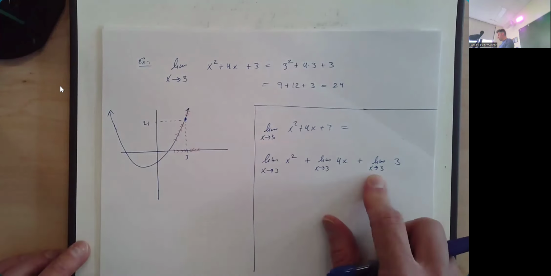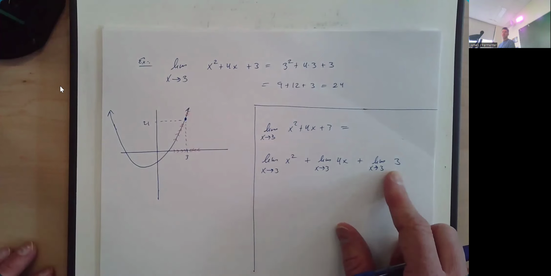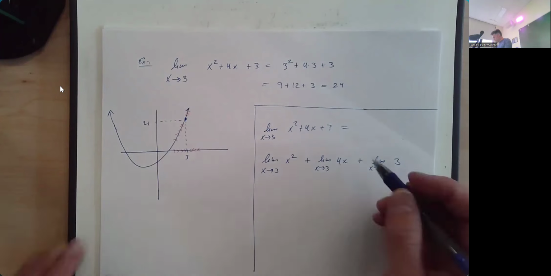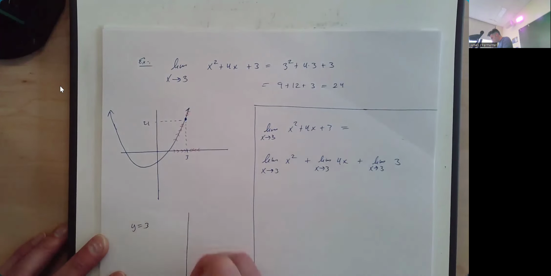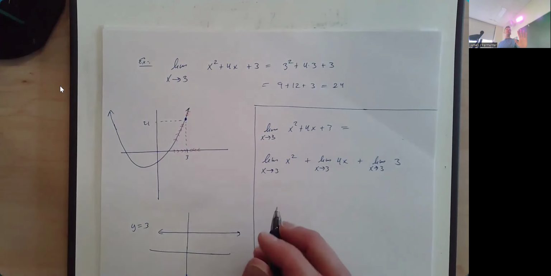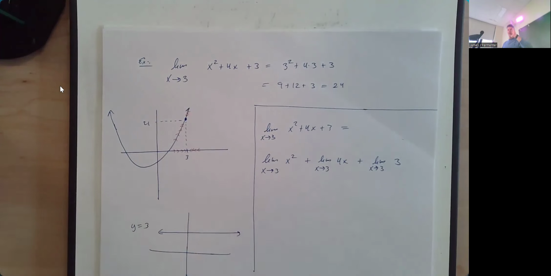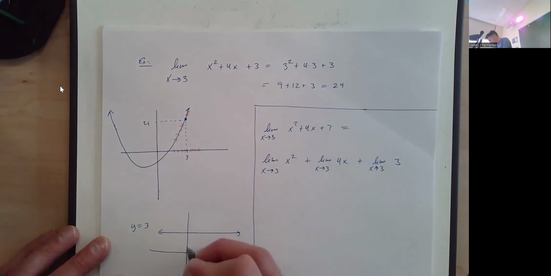What's the limit as x approaches 3 of any constant? Just that constant. If you think about the line y equals 3, which looks like that. Again, 3 was a bad choice here because it could be a little confusing. x could be approaching 2 or 1 or whatever. The limit would still be 3. If y equals 3, it doesn't matter what x is approaching.